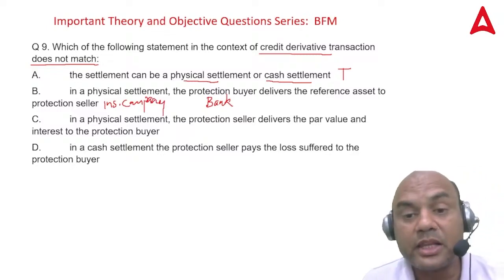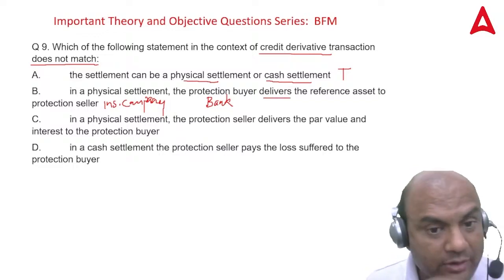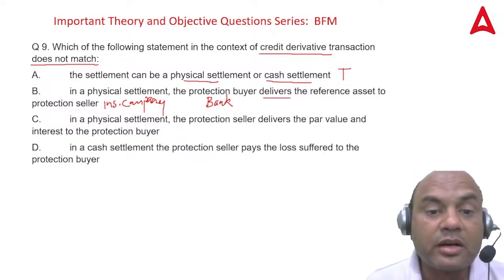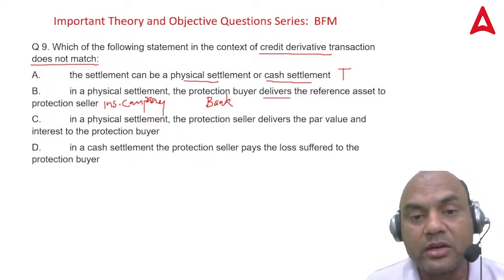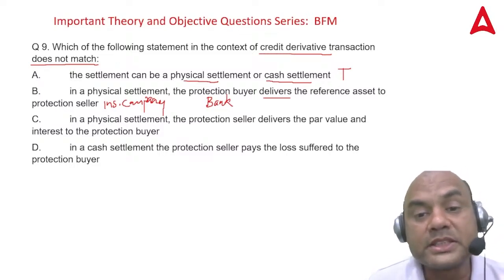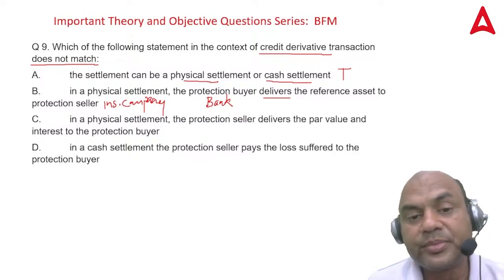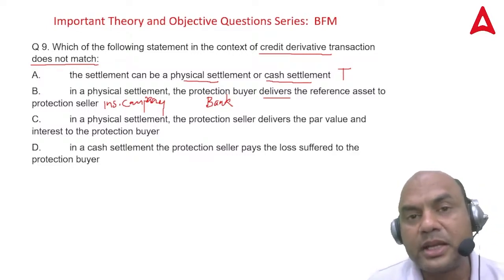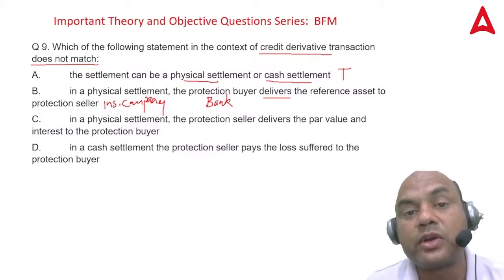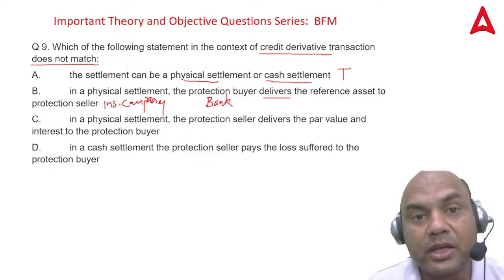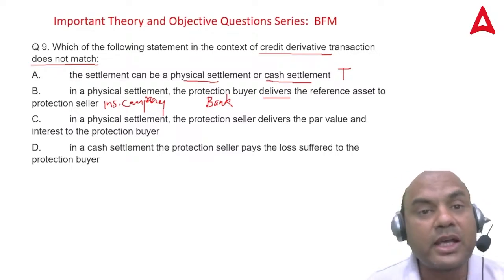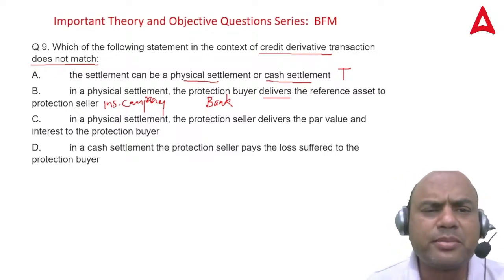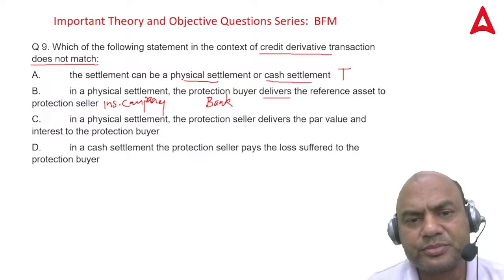Does he deliver, means do I give the delivery of this home loan? So this is correct, delivers. Here the protection seller is not actually the insurance company. It is called a CDS company, credit default swap company, or a derivative company, or it can be a merchant bank also.